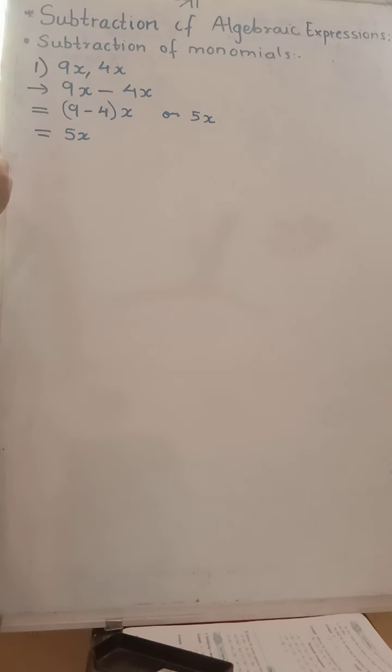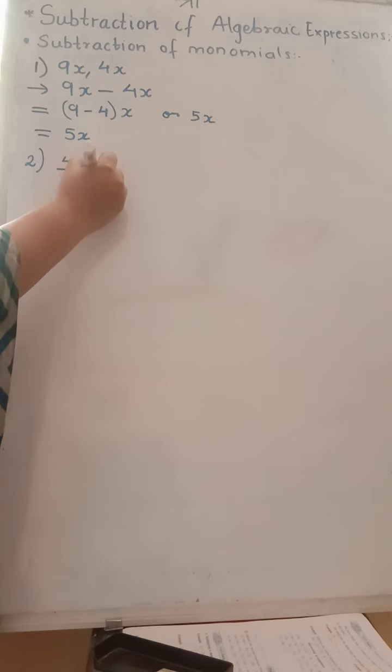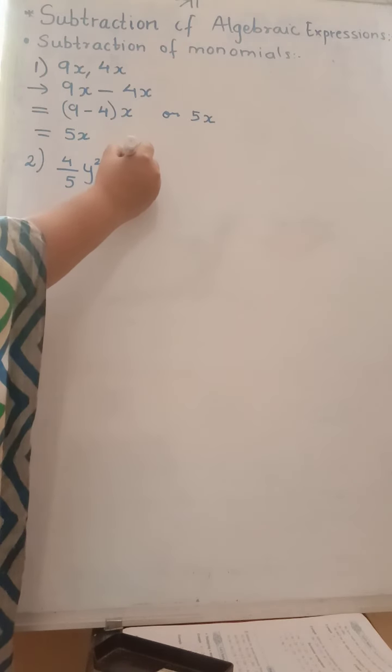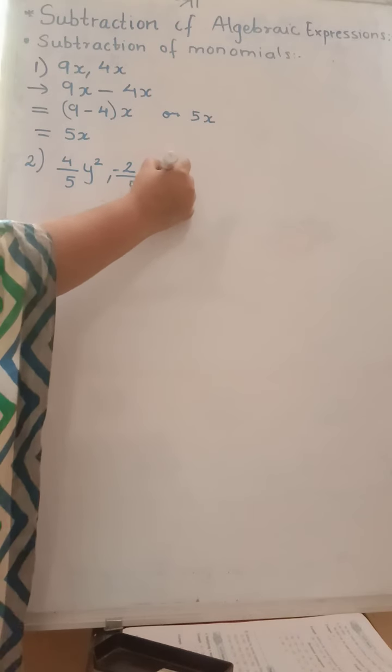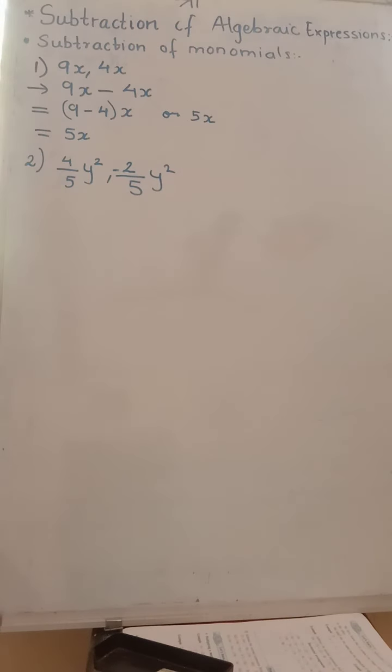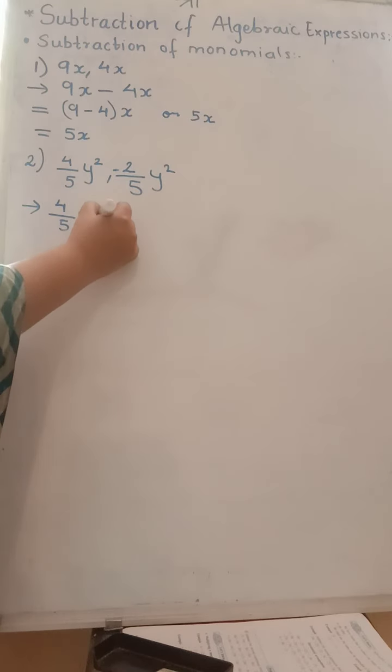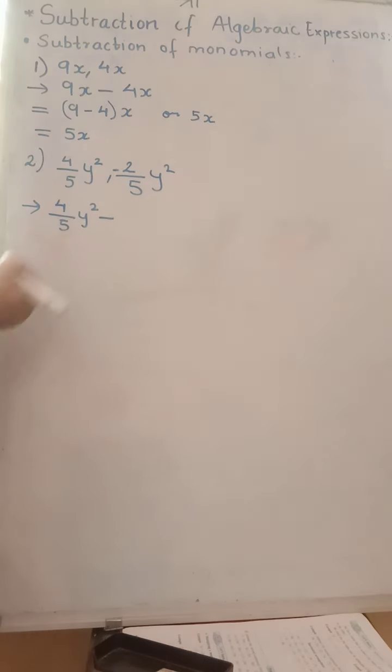Now suppose I take another example, like 4 upon 5 y square, and the other, negative 2 upon 5 y square. Now I have to do subtraction. So the first monomial I will write as 4 upon 5 y square subtracted by the other monomial.